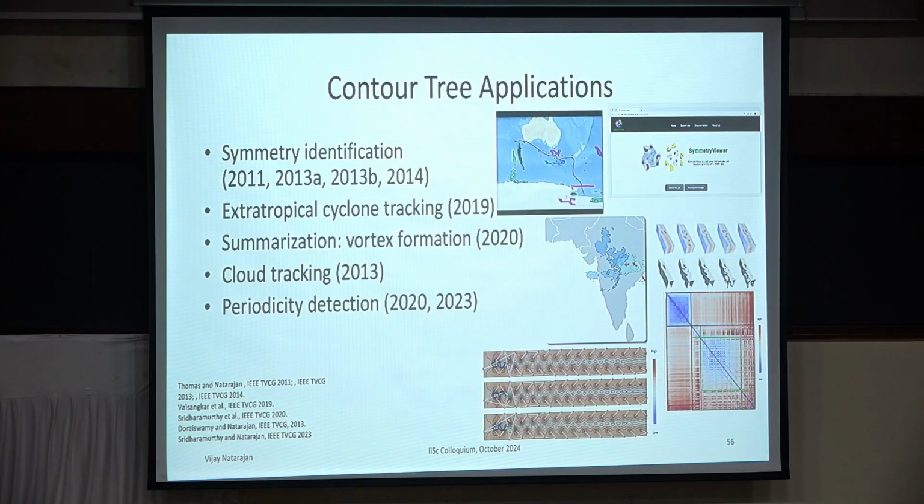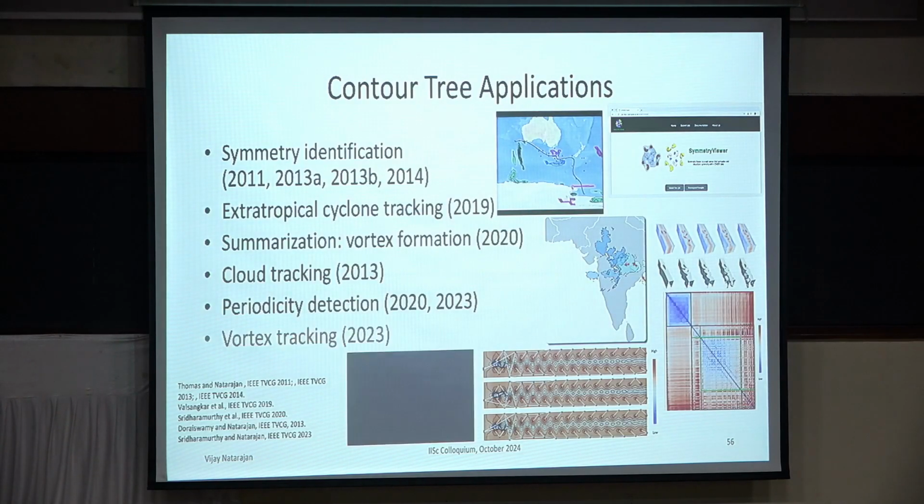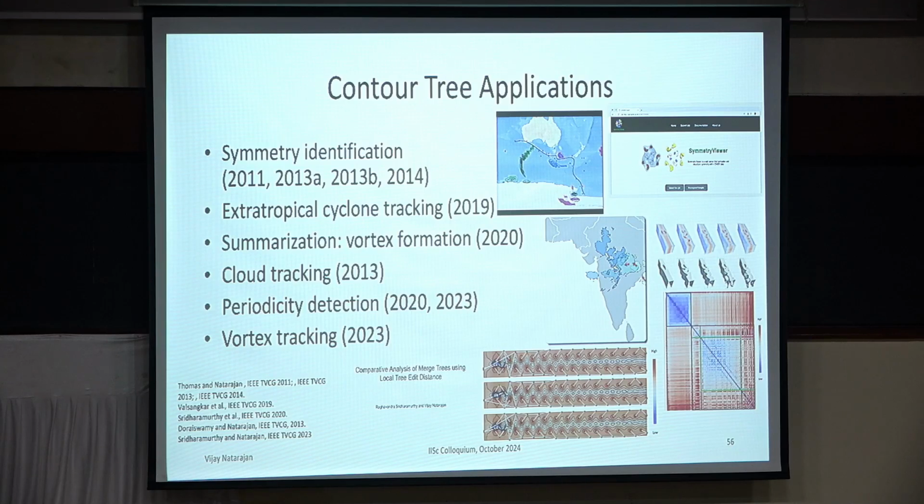So many other applications that range from symmetry identification to cyclone tracking to summarizing vortices in a fluid, towards tracking clouds and identifying rain events, and finding periodicity in time-varying data. All of these are powered by the contour trees that I talked about.